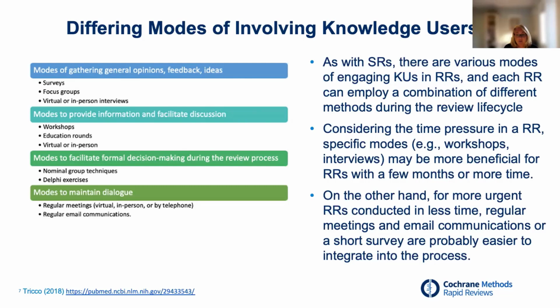So maybe it's more helpful for rapid reviews that have a few months or more in terms of their timeline for conduct. But on the other hand, for more urgent rapid reviews conducted in less time, ensuring that there's regular communication and emails or a short survey might be easier in terms of integrating the knowledge user feedback into the process.